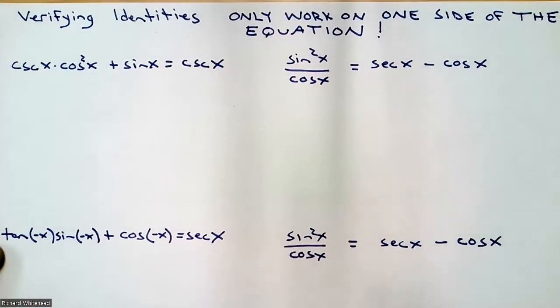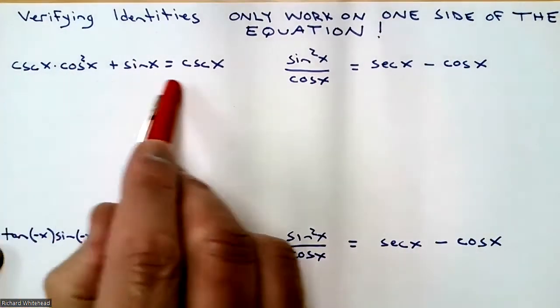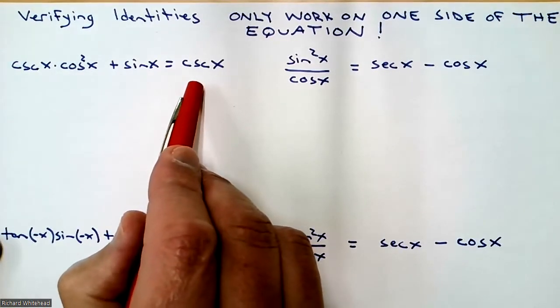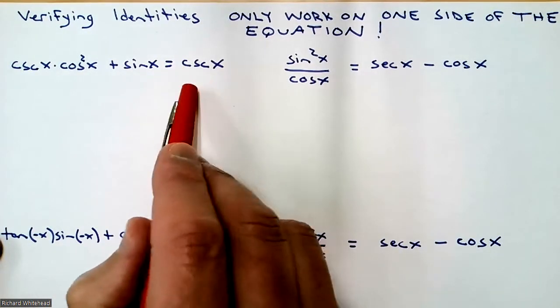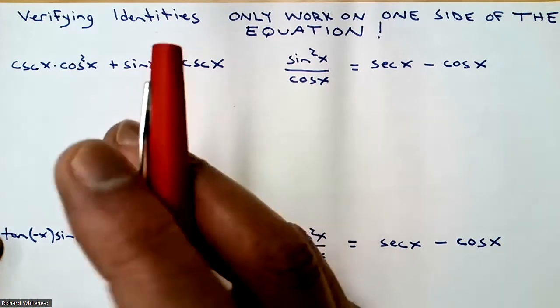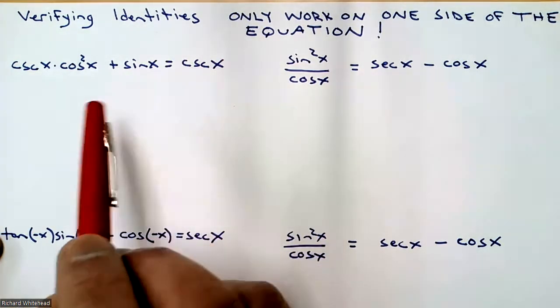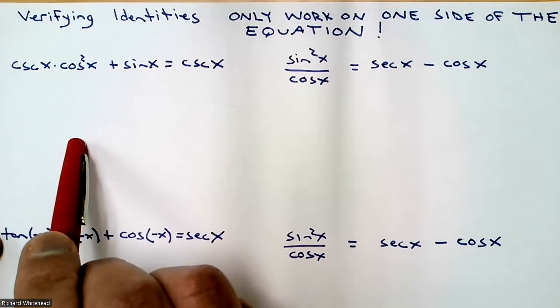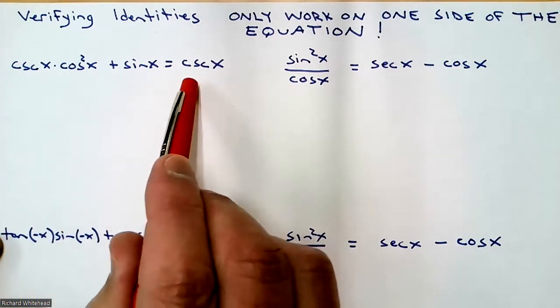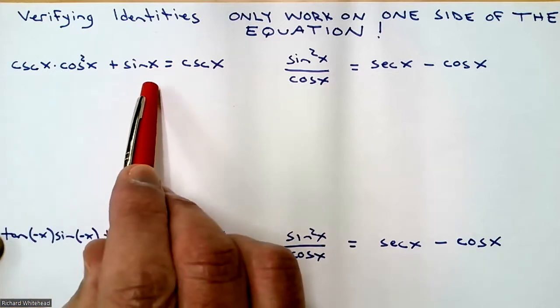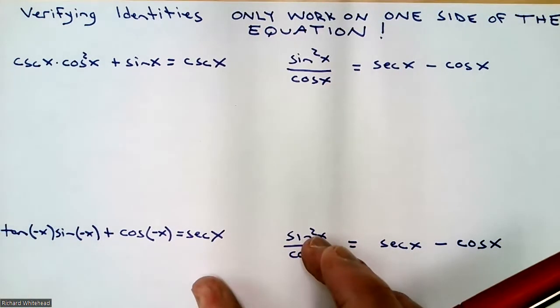So in a lot of cases, you'll have a problem like this, where it basically looks like a simplified problem. You just already know the answer. And that's kind of what I always say about the verify. The verify is actually a little bit easier than the simplify because you already know the answer. You just have to be able to prove it or show it.